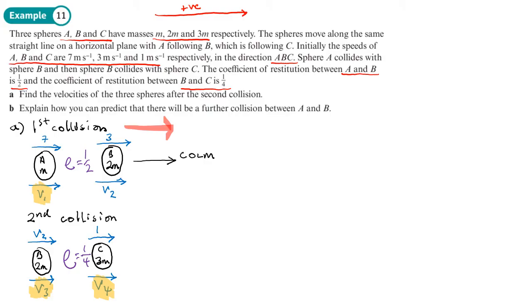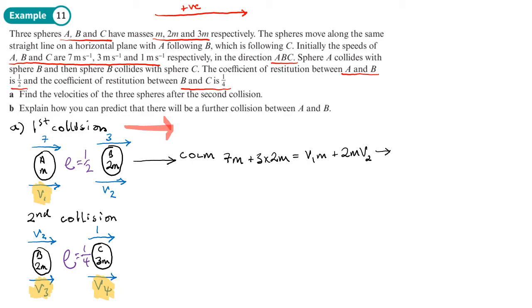That will be the momentum before: 7m plus 3 times 2m equals, after the collision, v1 m plus 2m v2. That can be simplified, and everything can be divided by m.